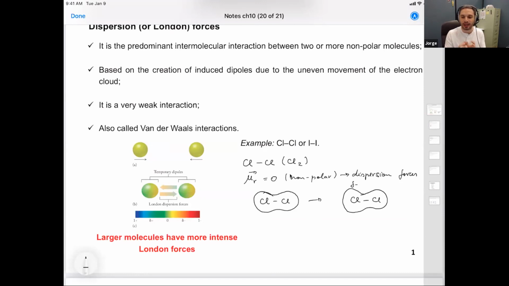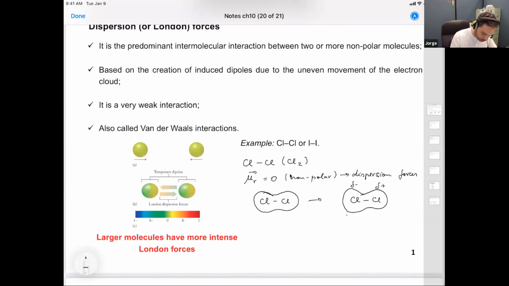Remember that dipole moment or electron density I'm going to represent as the delta. The points where there is an accumulation of electron density will get a delta minus, and of course, the other side has to be a delta plus. Okay, so for a split amount of time, we have a very small polarization in the molecule.